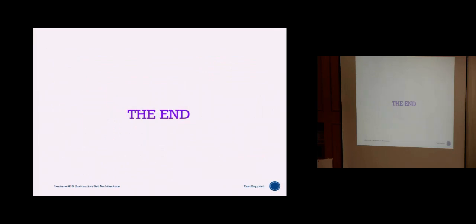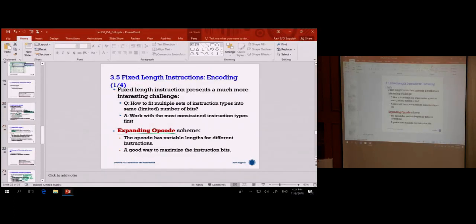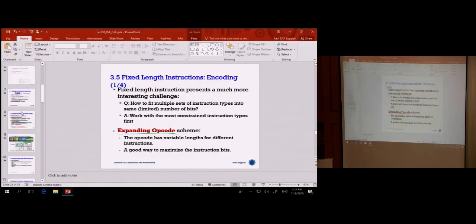Okay, so that brings us to the end of this chapter. In this chapter, basically what we looked at is the different types of formats in terms of your architecture. In your tutorial you will go through some examples again.